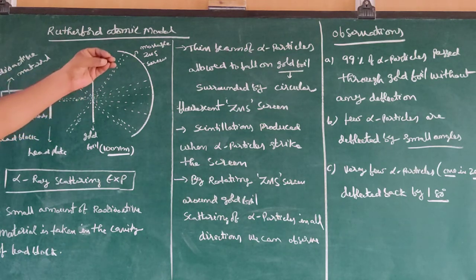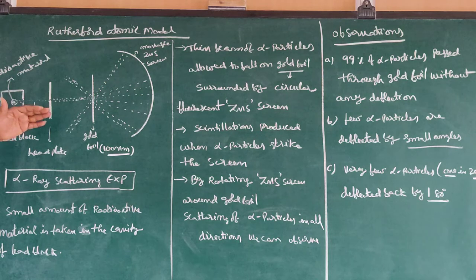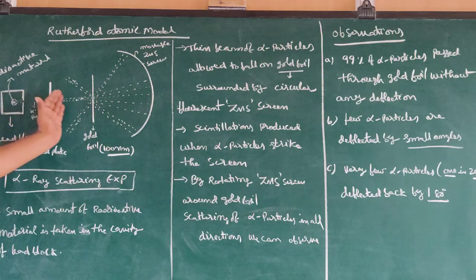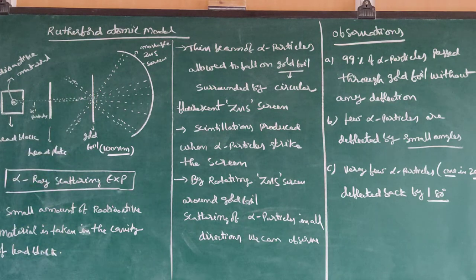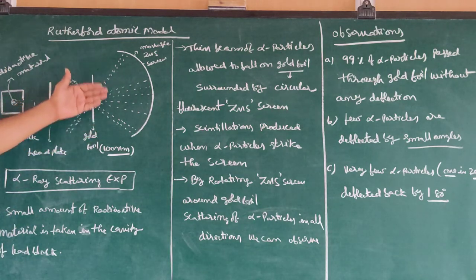Here we have some observations. 99% to 99.9% of alpha particles pass through the gold foil without any deviation or deflection. A few alpha particles are deflected through small angles like this.